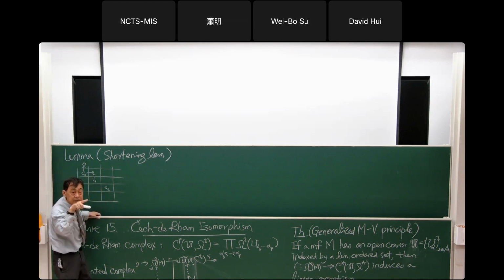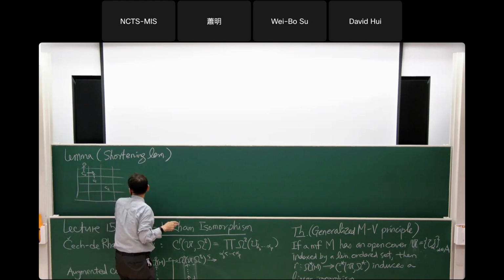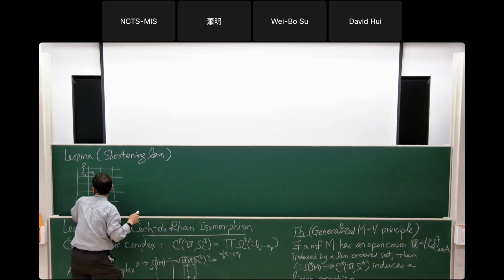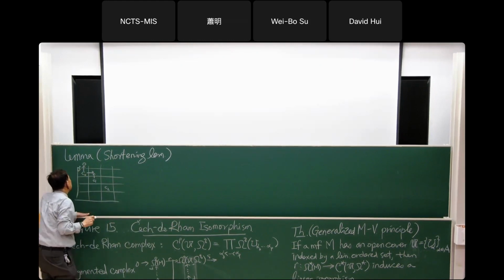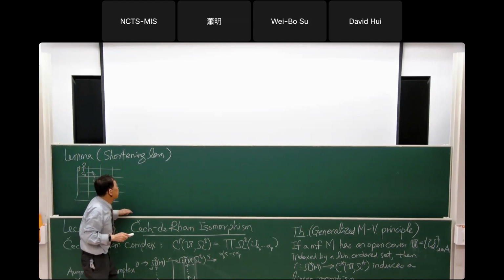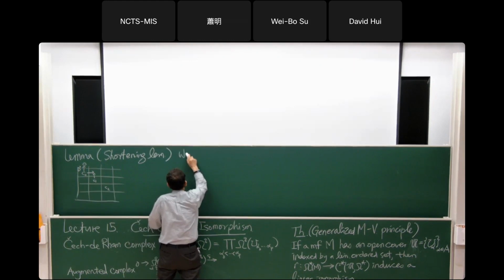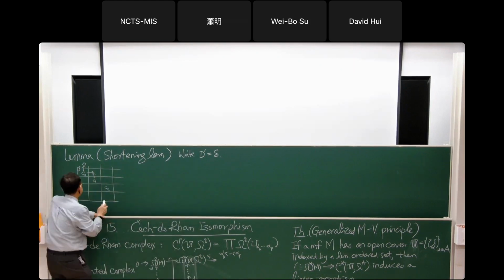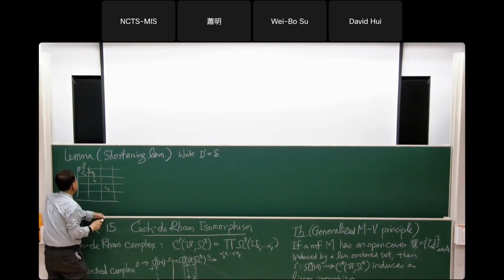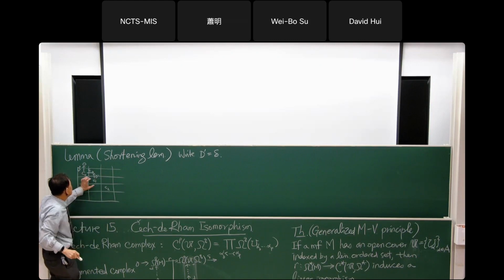Usually we write it as D prime, but I'm going to write it as delta. The vertical one is D double prime, and the horizontal one I'll write as delta. So if you have a cocycle, then big D has to be 0.